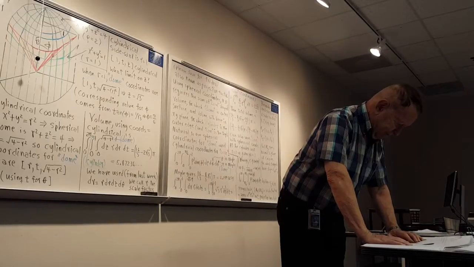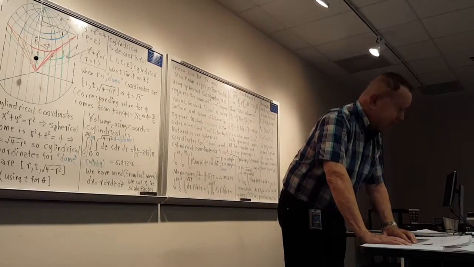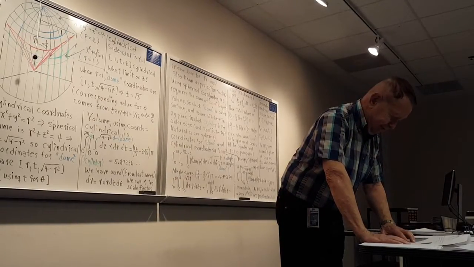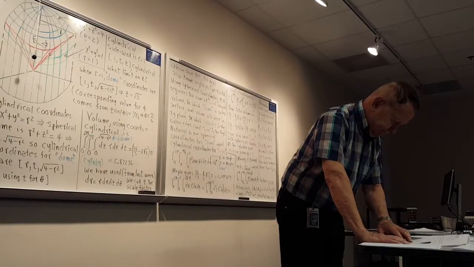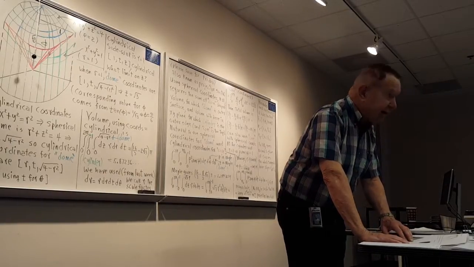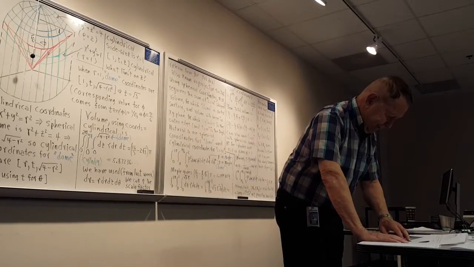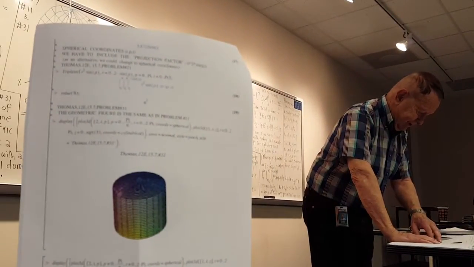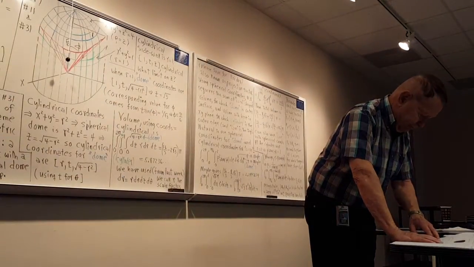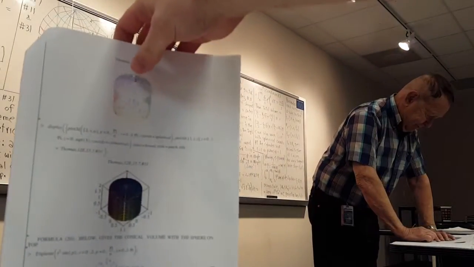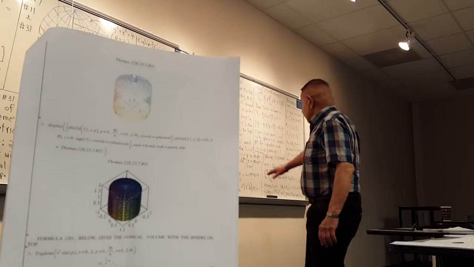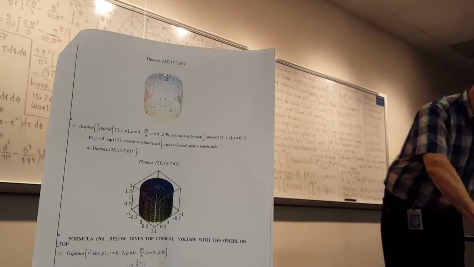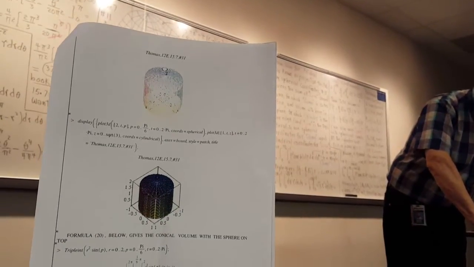So the triple integral, the first one, I've used R now for rho, and I've used P for phi for the Greek letter. And the rho or the R is 0 to 2, and the angle phi is 0 to pi over 6, and then the T for theta is 0 to 2 pi. So 20 is my triple integral, which is this. And then I have value, which is line 21.